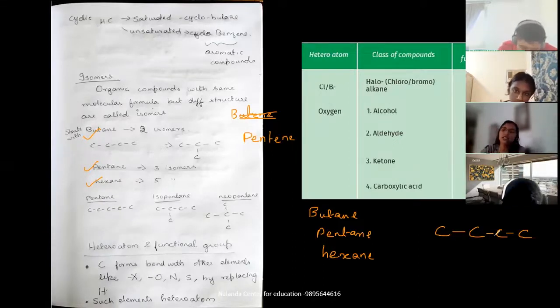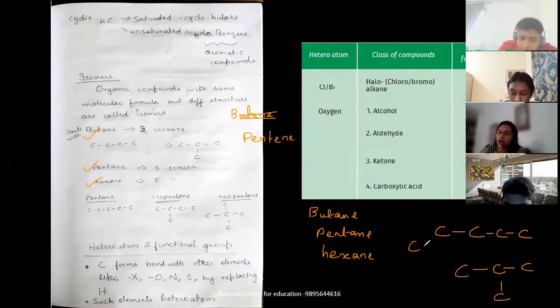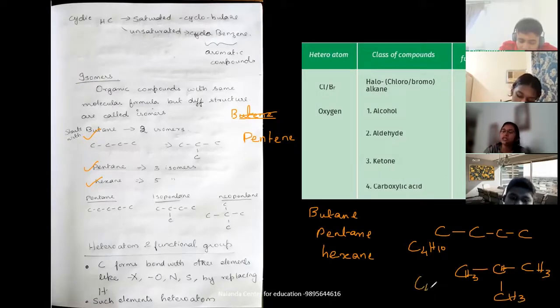For butane, there can be another isomer which is like this. They are going to have the same formula. Butane's formula is C4H10. In this case also, if you complete the hydrogens, you will see the same formula C4H10. So butane is going to have one isomer.